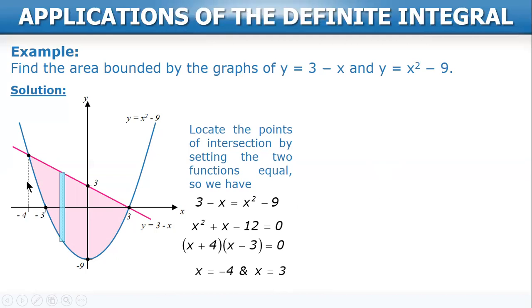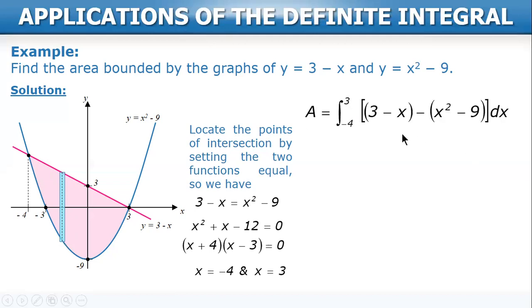Okay. So, to have your guide, let us consider one differential rectangle. This will serve as our guide. So the upper value is the line minus the lower value or the lower graph, the parabola.